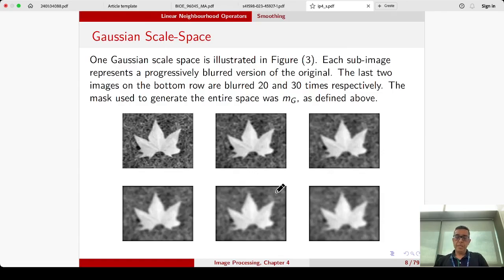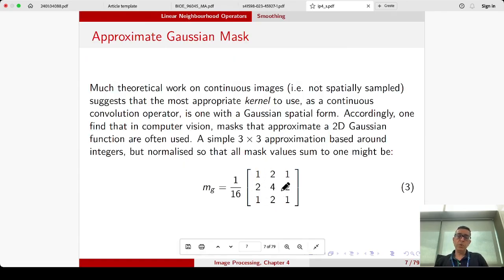Okay, now this, as I said, is a very crude approximation to a two-dimensional Gaussian function. There are many reasons why two-dimensional Gaussian functions are extremely attractive to use as the weighting patterns for convolutional masks.